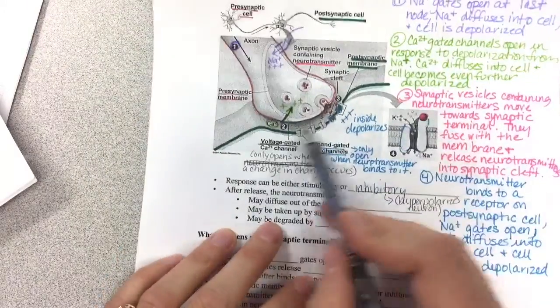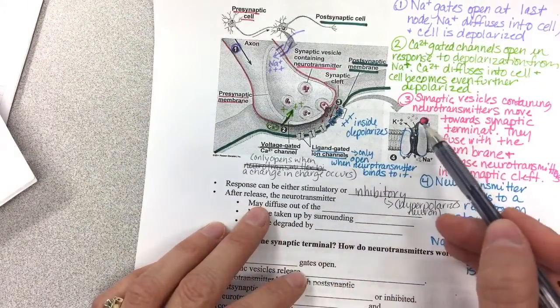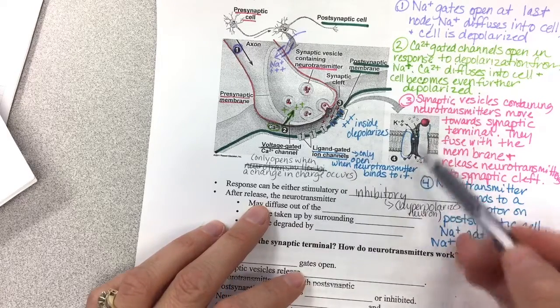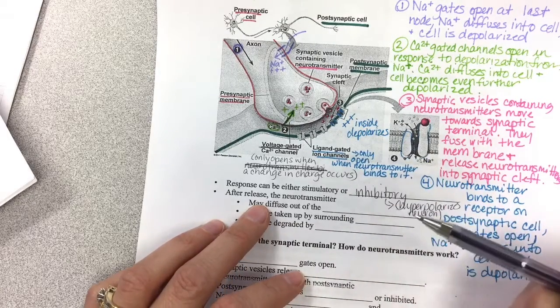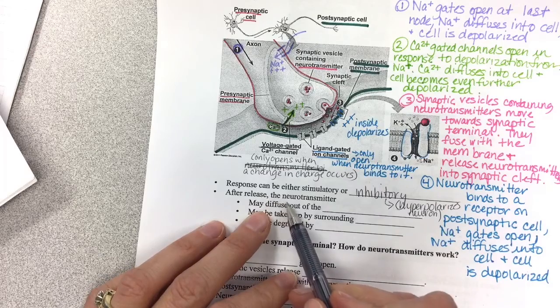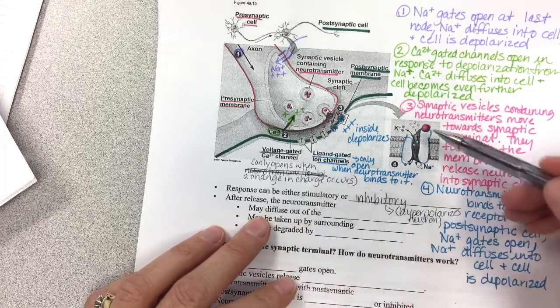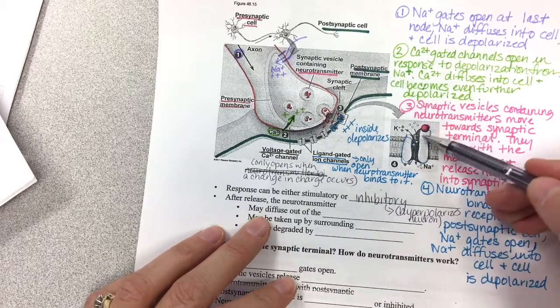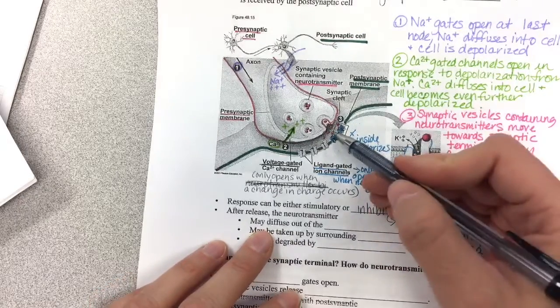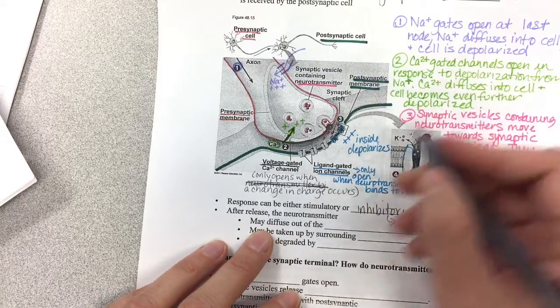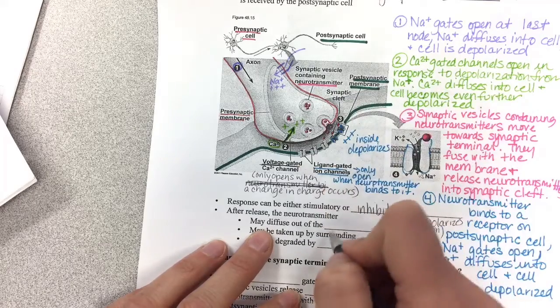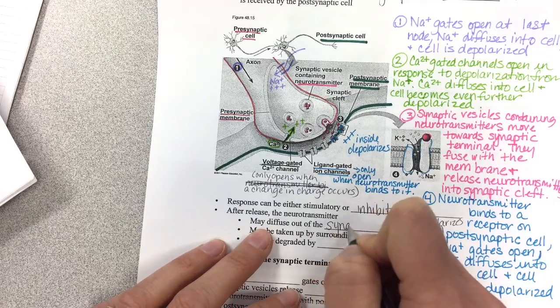So then what happens is we don't want the neurotransmitters to stay on here forever, because then you'd always have the sodium diffusing in. So after release, the neurotransmitter doesn't stay on, it detaches. It can diffuse out of the synaptic cleft and therefore not be used again.